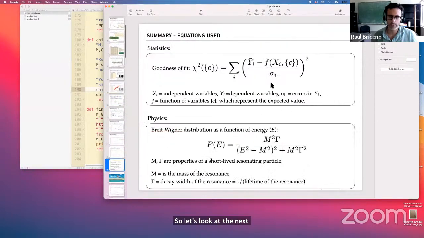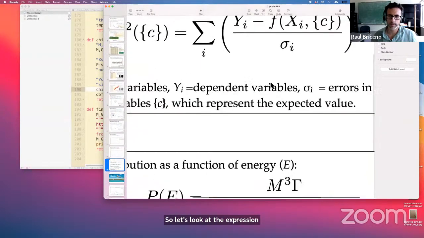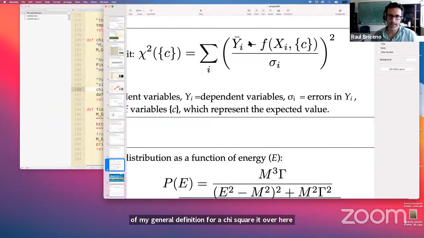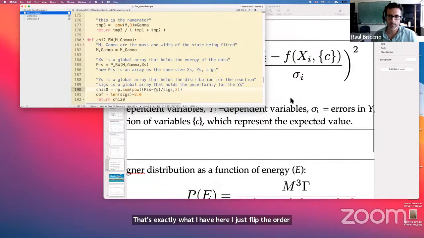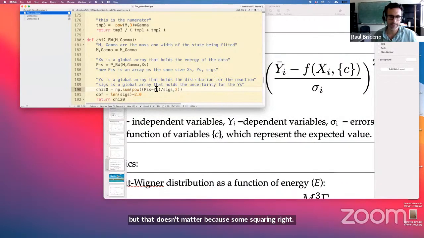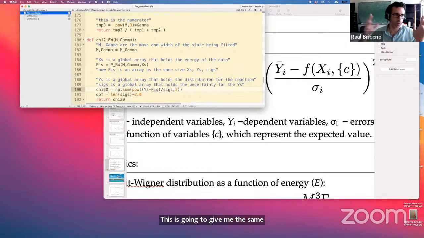I have my general definition for a chi-squared over here, right? It's the actual data minus the expected value of the data, which depends on the parameters, divided by the standard deviation. That's exactly what I have here. I just flipped the order, but that doesn't matter because I'm squaring, right? So if I have a minus sign difference, this is going to give me the same result because I'm squaring it. The square of -1 is equal to 1.